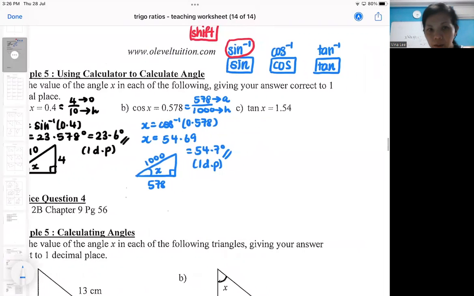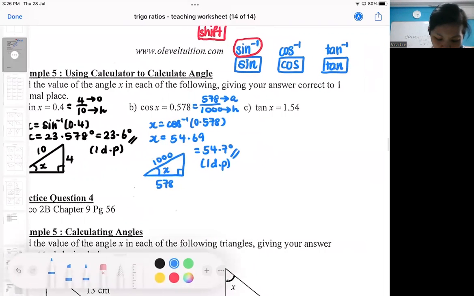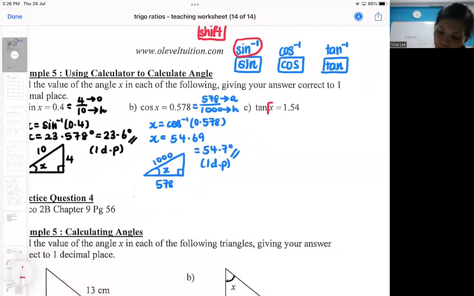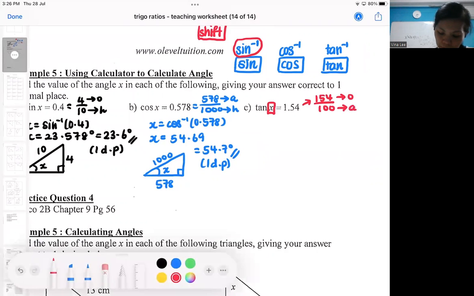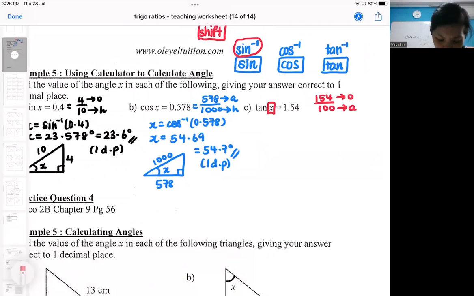In the same way, for tangent, we got a ratio. This ratio can be 154/100. So tangent is O/A. You might want to visualize it in this way.